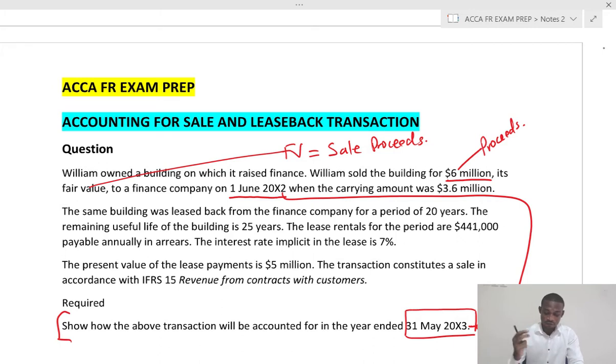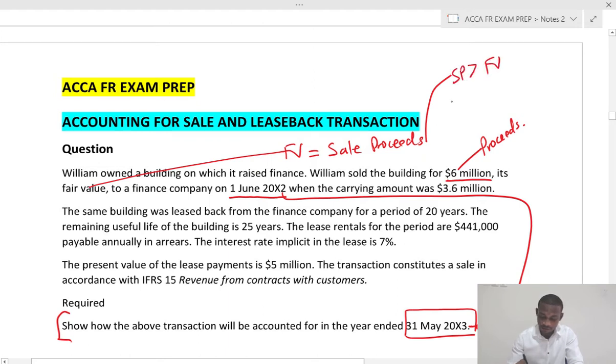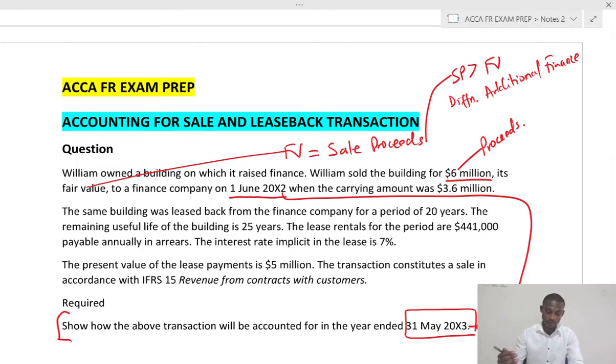However, just to expand on this before we look at the details, if the sale proceeds, SP, is more than fair value, the difference is additional finance, which we have to take out of the lease arrangement. So the extra amount becomes a loan, the financing arrangement.